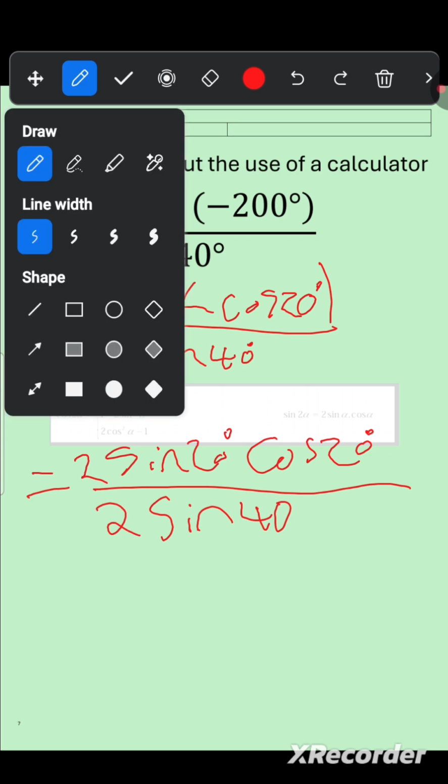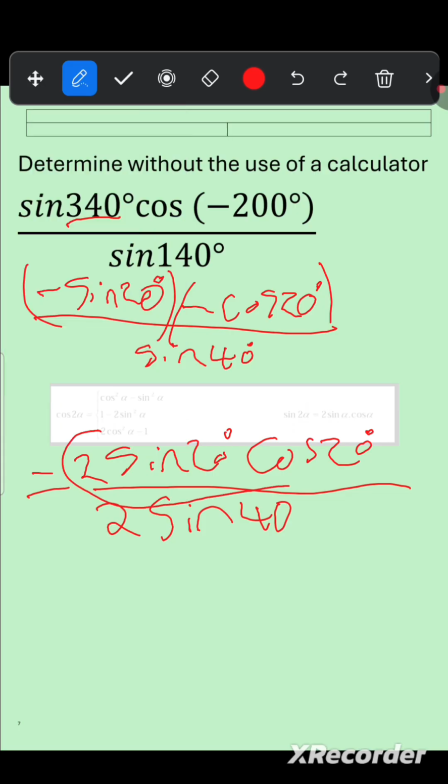Then now what happens is this now is the double angle identity of sine.